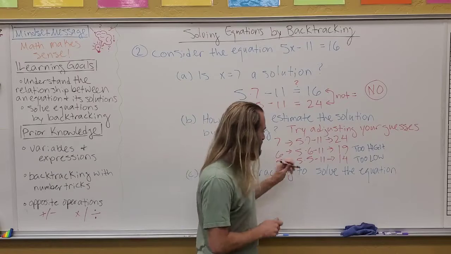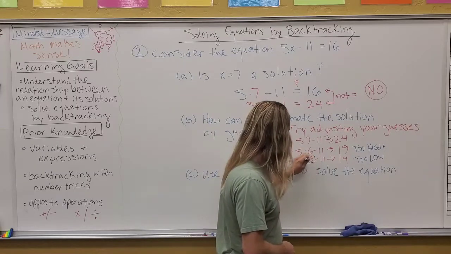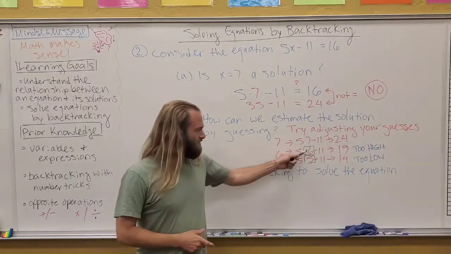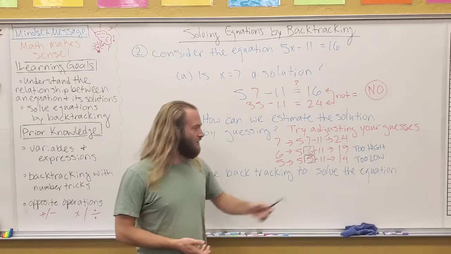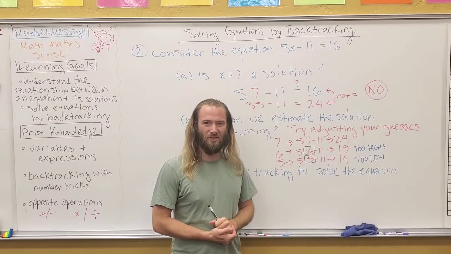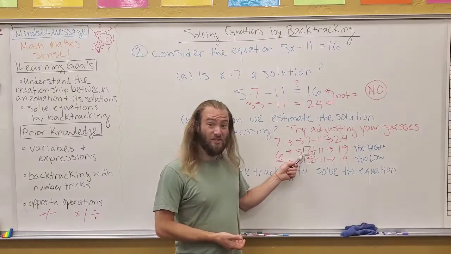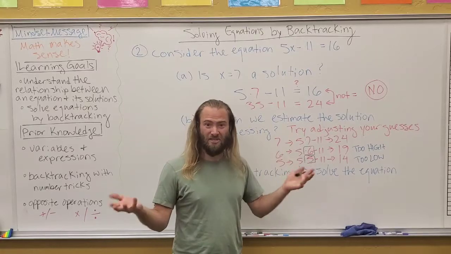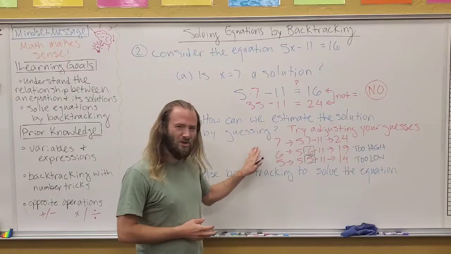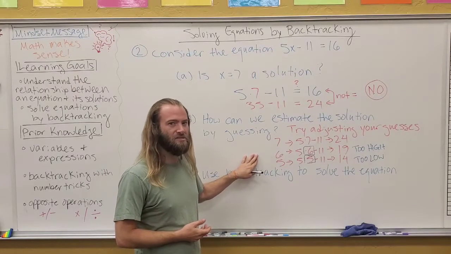Because if you notice here, 5 was too low, 6 was too high. Neither of them is exactly the solution, but the actual outcome we want is somewhere in between, right? So the solution to this must not be a nice whole number. It's going to be something between 5 and 6. Really try to make sense of this. This is an important skill, okay?